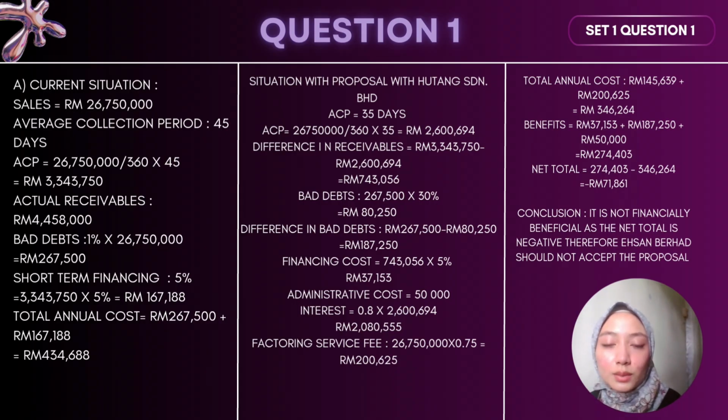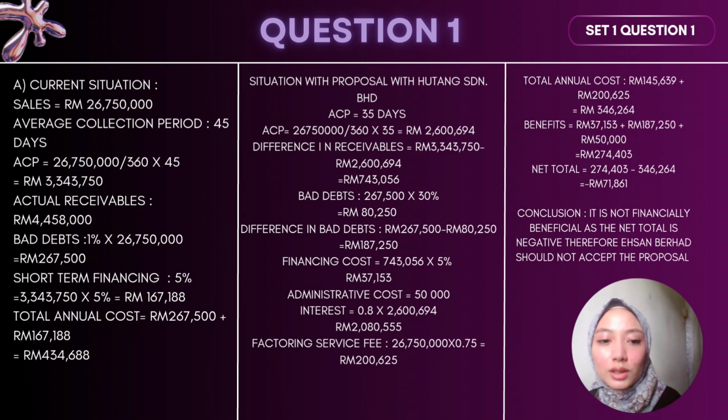Under benefits, we take 37,153, and then add 187,250, and the 50,000, which is the administrative cost. That gives us the value of 274,403.